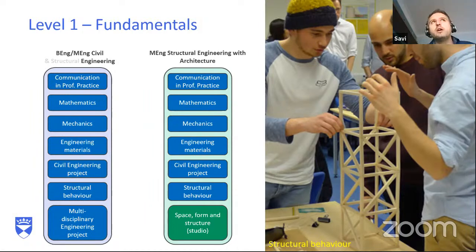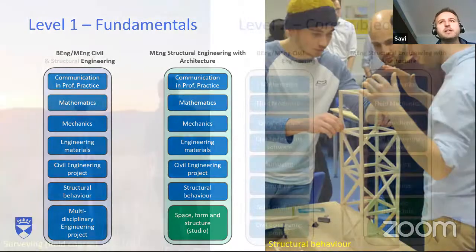So you work on a multidisciplinary problem like a wind turbine and other issues that involve mechanical engineering and civil engineering, while the students in the structural engineering with architecture program take up a module together with architecture students, which is basically a studio module. You work a lot together in a studio about how to design space, form, and structures in buildings. So you can see the first difference between the two programs.